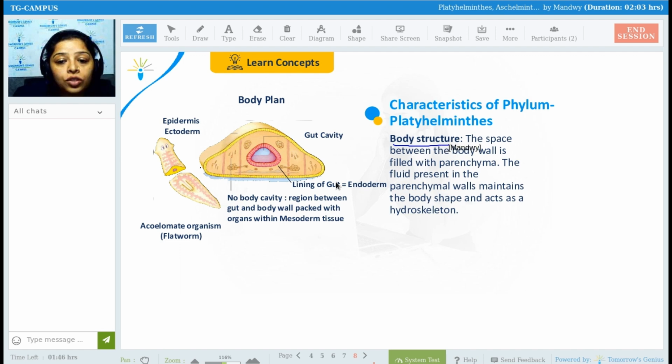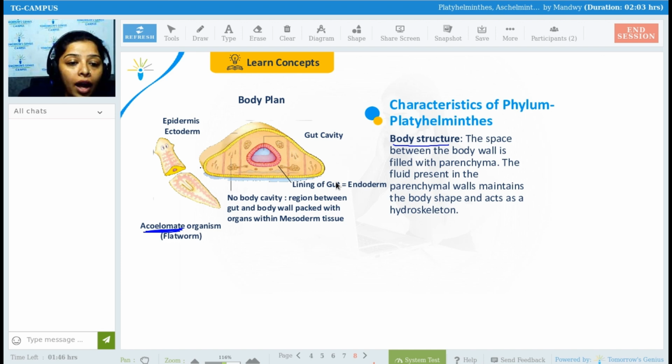Next is body structure. Here the Platyhelminthes don't have any coelom, means the body cavity is not derived from the mesoderm. Plus they don't have pouches of cavity from the mesoderm, and hence they are acoelomate.